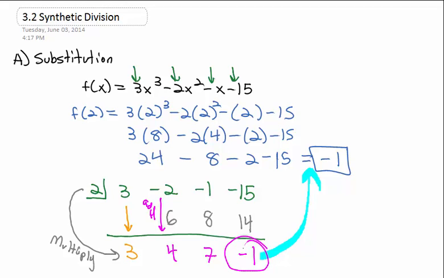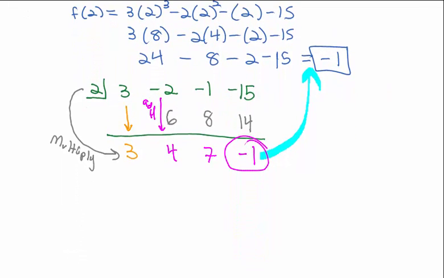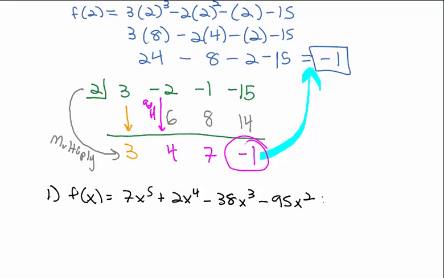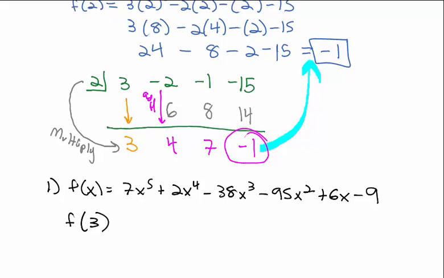This process was probably much easier to work with, especially if we were doing a problem such as f of x equals 7x to the 5th plus 2x to the 4th minus 38x cubed minus 95x squared plus 6x minus 9, and we're asked to find what f of 3 is. I really don't want to plug 3 into this long thing and work it out.